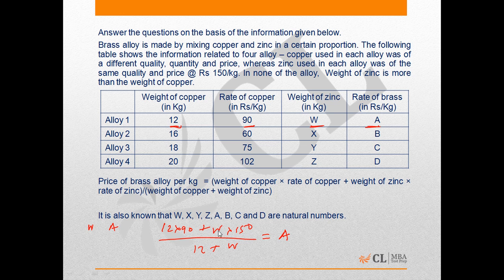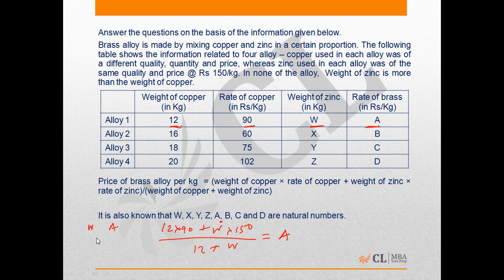So here we need to take values of W and see whether A is an integer or not, as it is given that W, X, Y, Z, A, B, C and D are natural numbers.